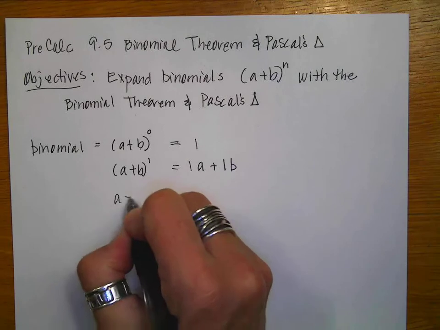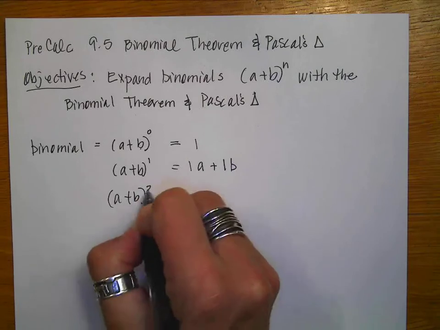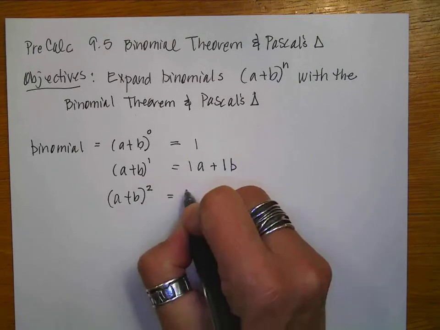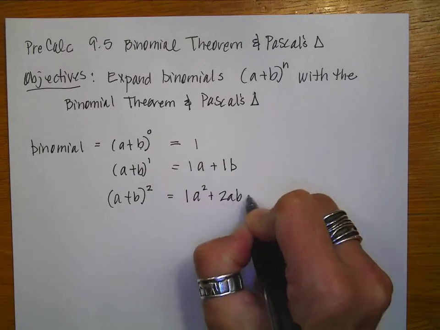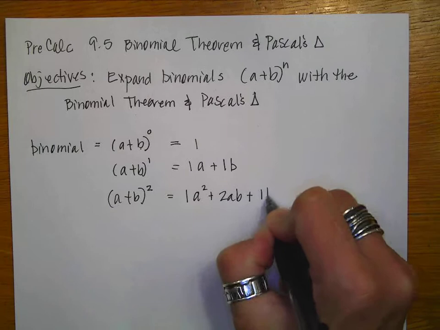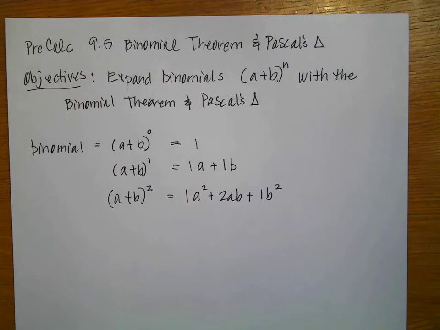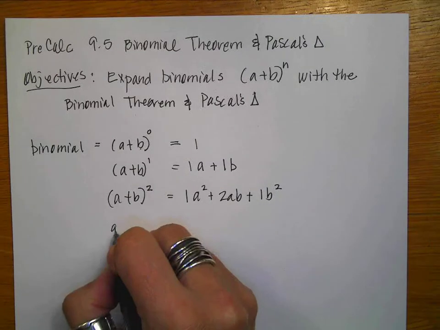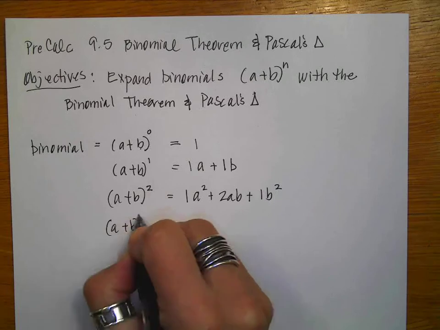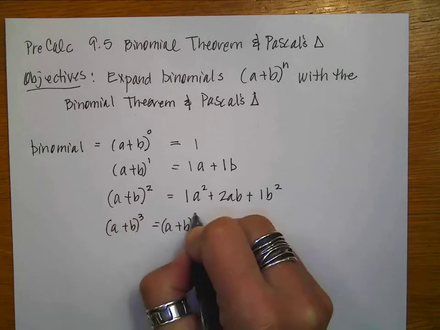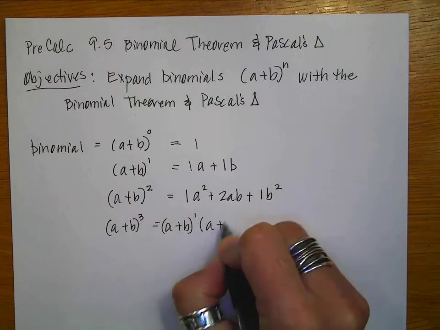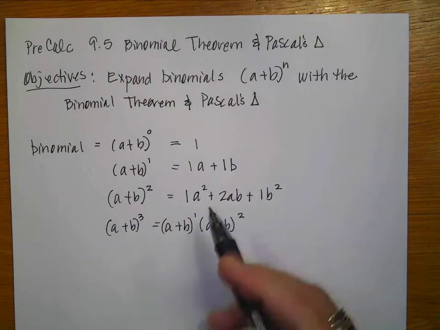Well, then if I take a plus b and I raise it to the second power, it's going to be 1a squared plus 2ab plus 1b squared. Well, if I want to raise it to the third, a plus b to the third, I could do a plus b to the first times a plus b to the second.